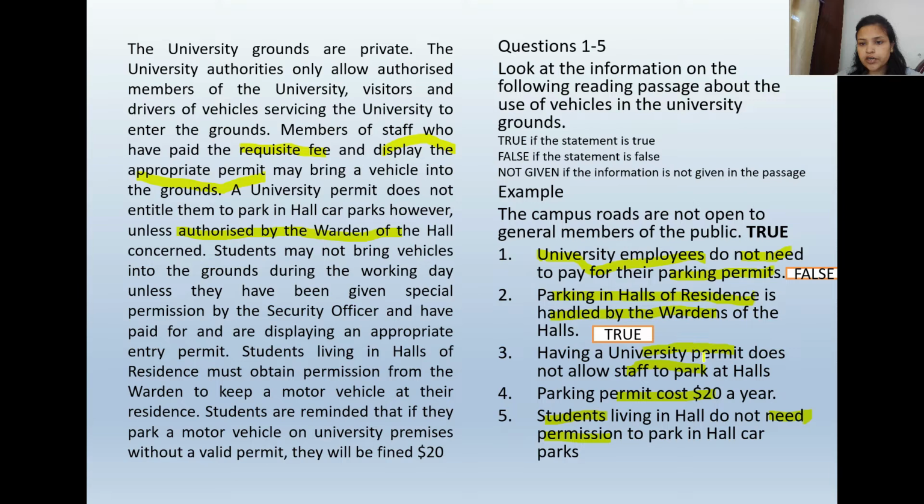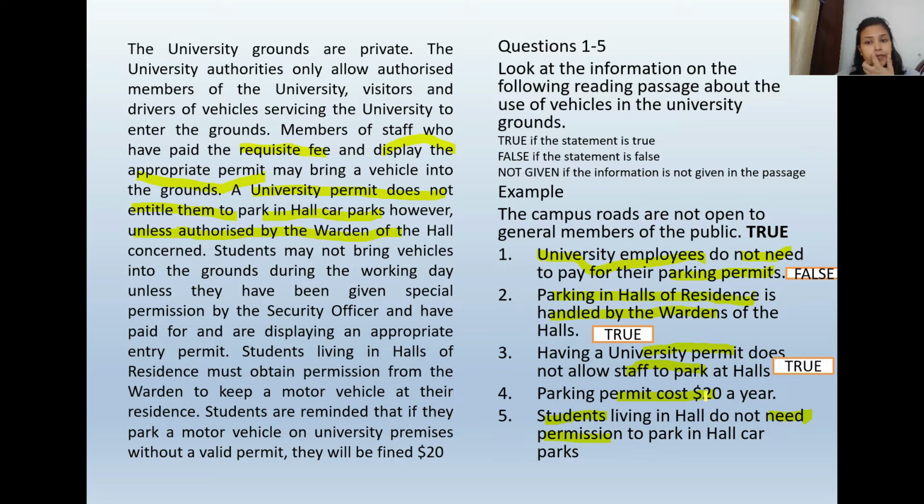And here it is mentioned having a university permit doesn't allow staff to park at halls. Okay, it is mentioning the staff. A university permit doesn't entitle them, meaning whom, the authorities, to park in the hall. However, unless authorized means they need to take permission of the warden. So it would be right. True. Here it is mentioned not allowed.